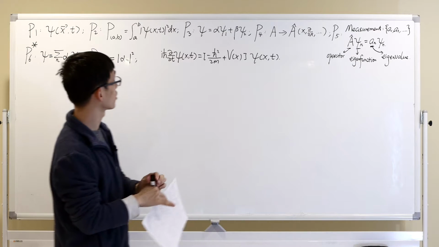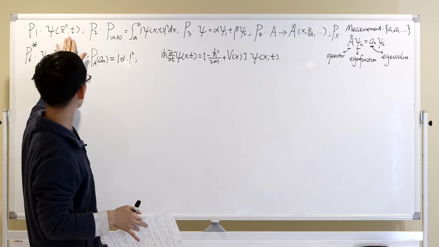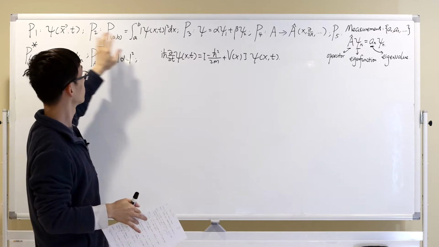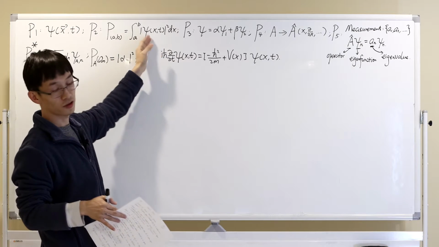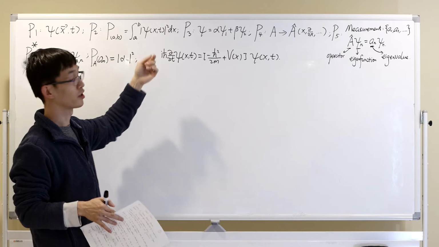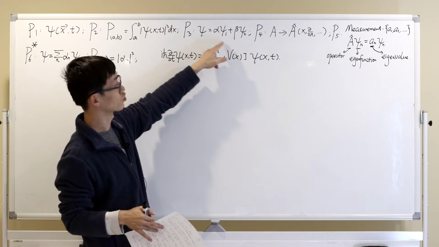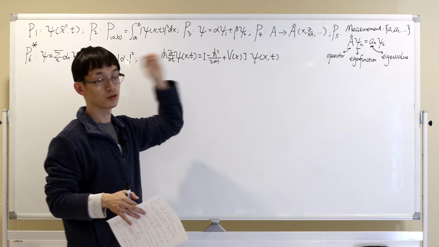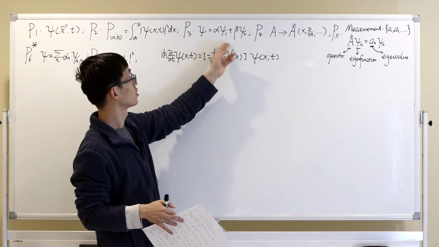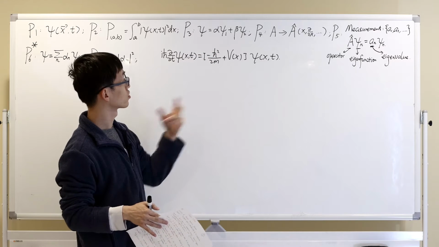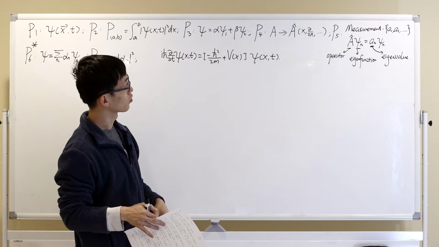Just quickly mention the postulates again. One is that a quantum mechanical system is described by a wave function. Second is that the amplitude square of the wave function represents the probability of finding the electron between A and B. Third is the superposition condition: any two wave functions that belong to the system and their linear combination also construct a possible configuration for the quantum system.